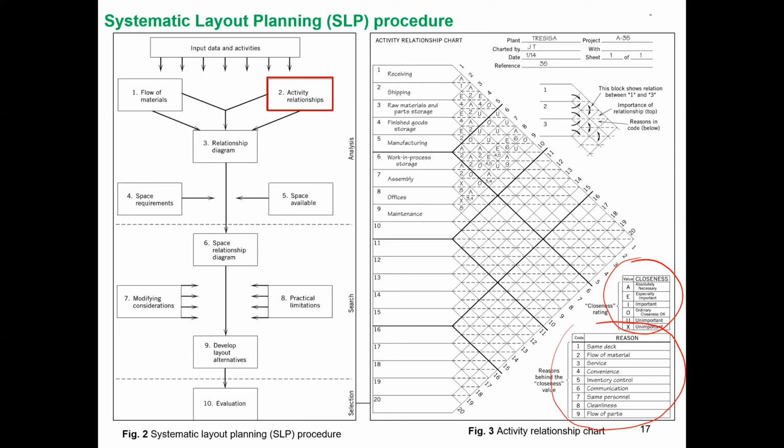We can use a coding method for that. And then looking at the information that we have in terms of activities and the discussion that we have with the people in the facility, we can start listing the qualitative type of relationship and then the reason behind it using these activity relationship charts.